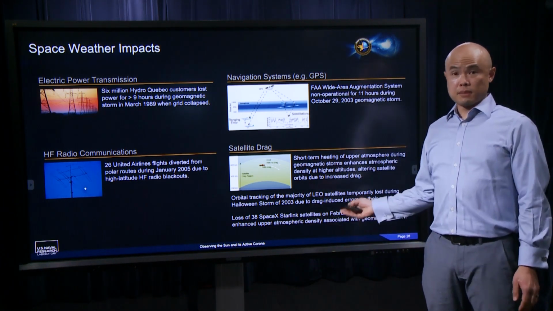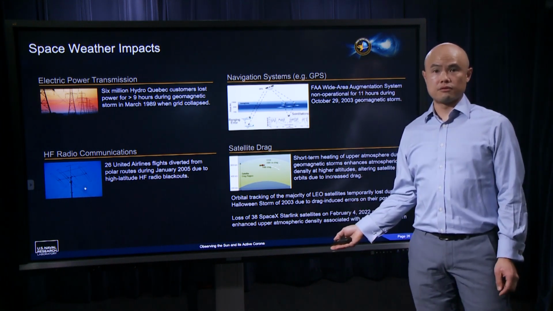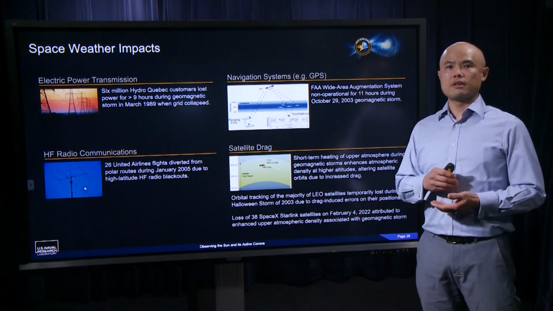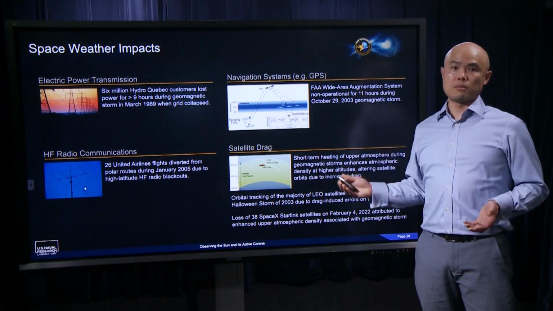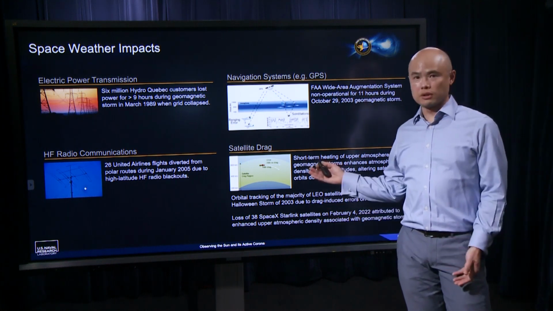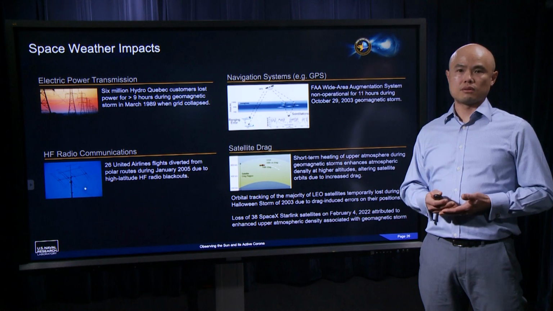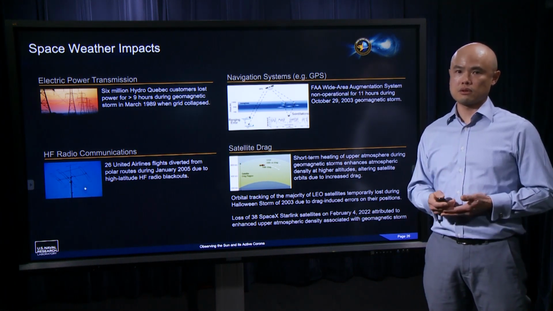More recently, SpaceX lost almost 40 of its Starlink satellites on February 4th, 2022, when a higher than anticipated atmospheric density was present during their deployment during a geomagnetic storm condition. So all told, these space weather effects present clear and present risks to billions of dollars of commercial activity and civil infrastructure.